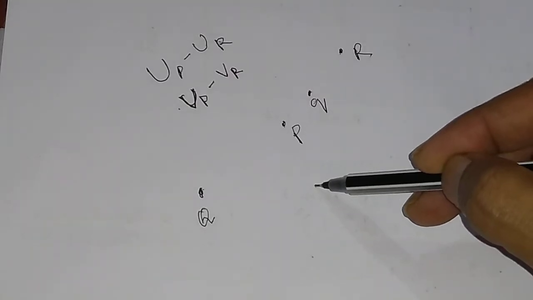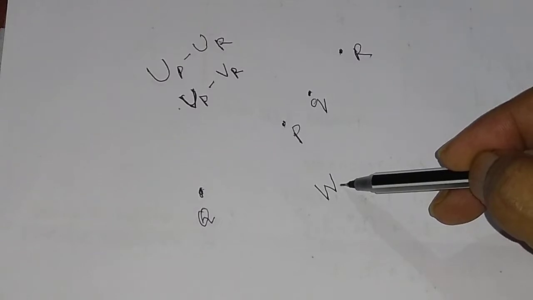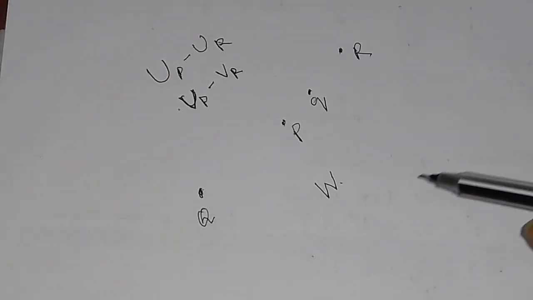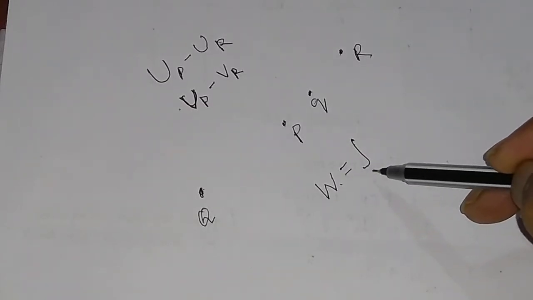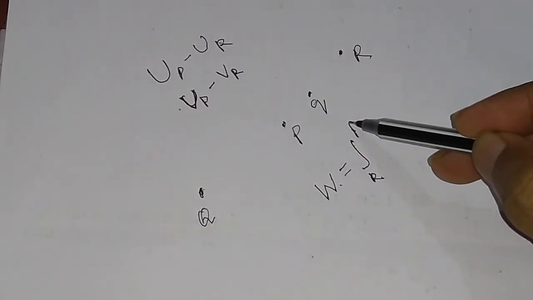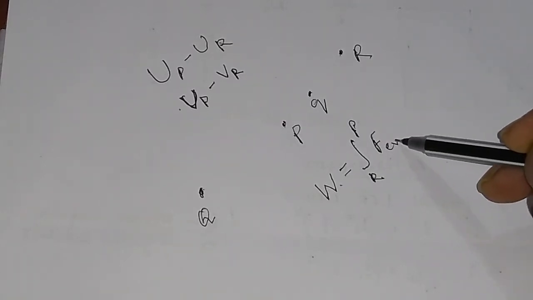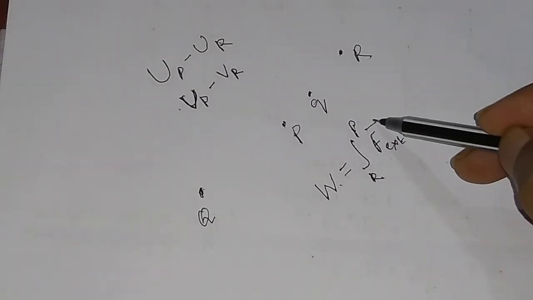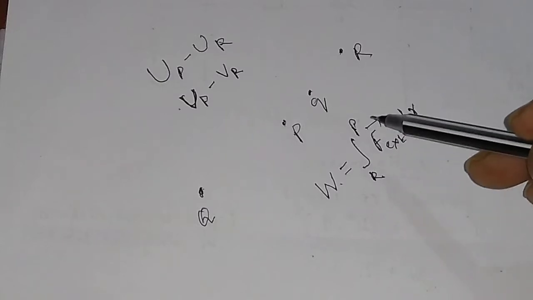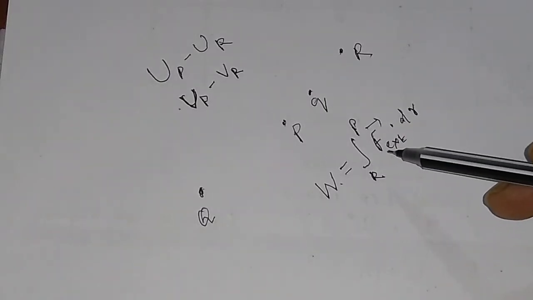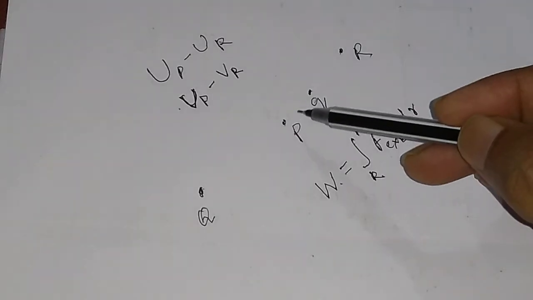The external work done is given by W, and that is equal to the integration from R to P of the external force F external dot dr. So this is the work done by the external force when you bring the charge from the point R to the point P.